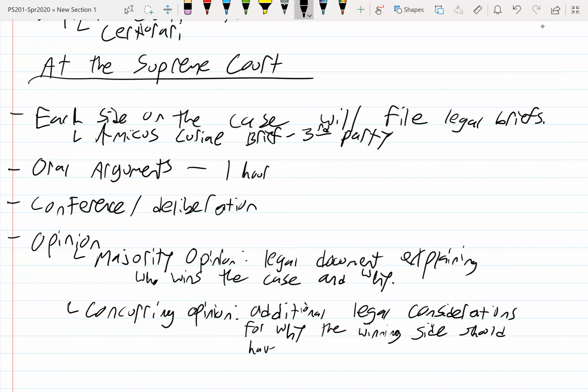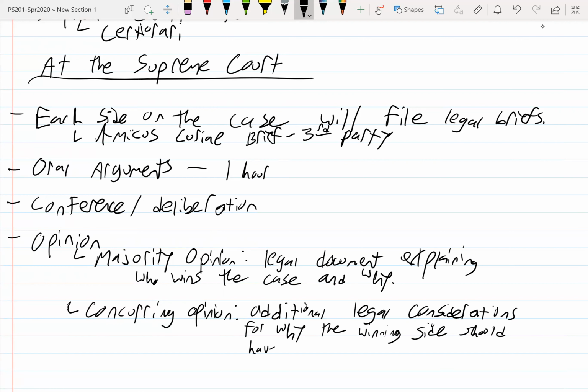So as the term implies, to concur means to agree. So a concurring opinion agrees with the overall majority ruling, so which side wins and which side loses. But some justice has additional reasoning to contribute that was not included in the majority opinion, or maybe alternative.